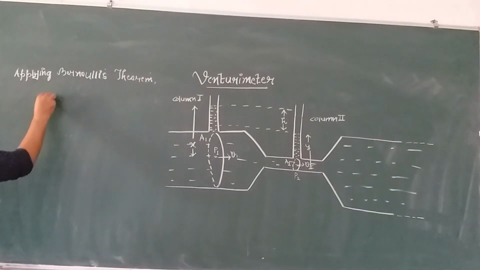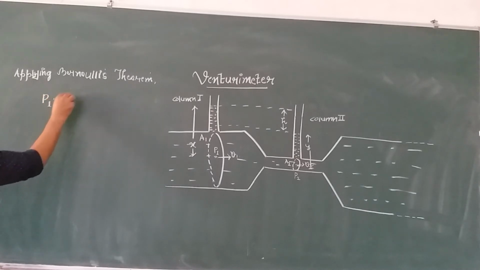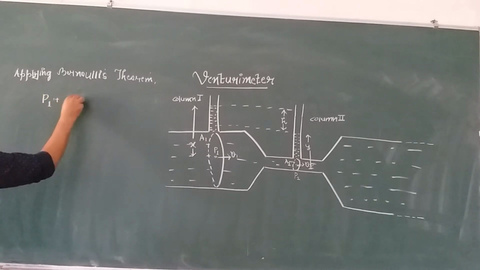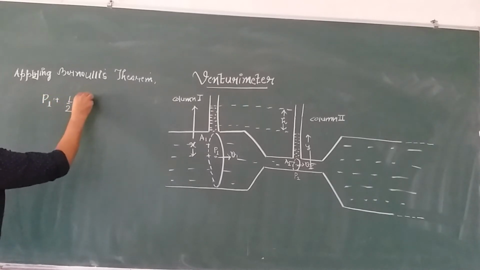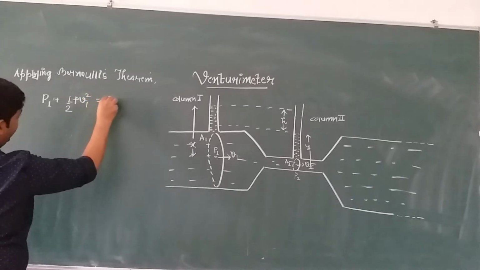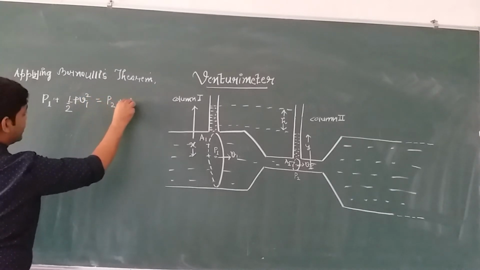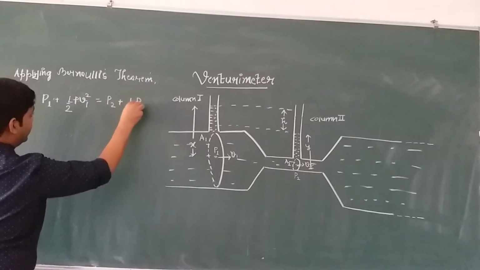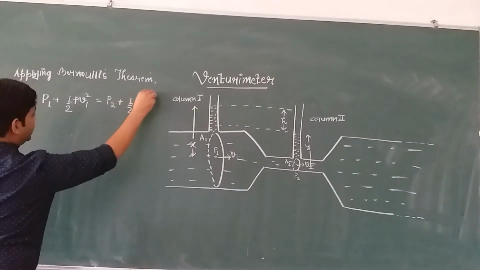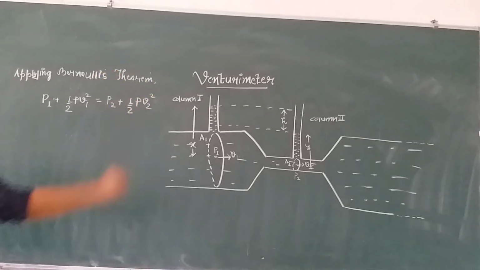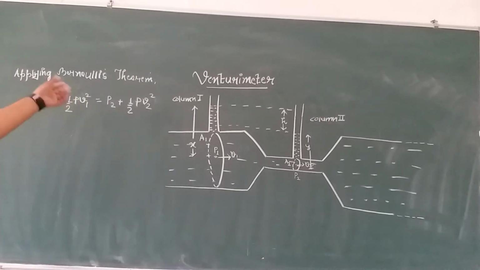So we will have P1 plus half rho v1 square is equal to P2 plus half rho v2 square. I hope things have got clear in here.